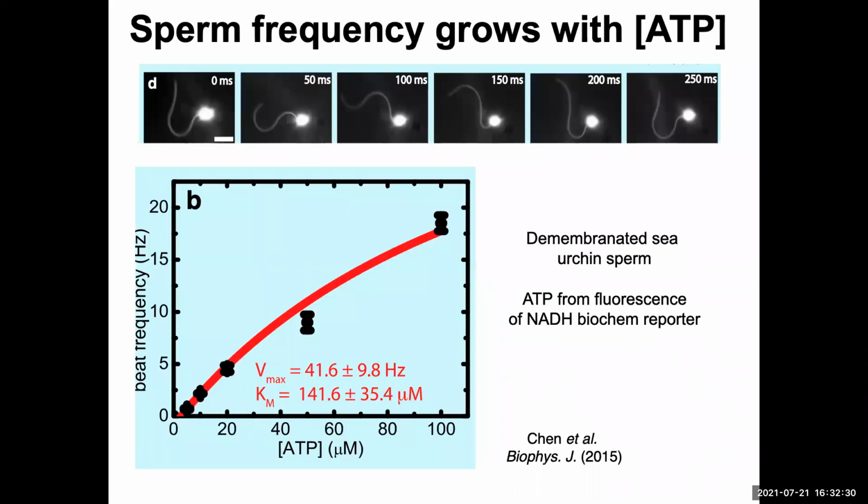For sperm, the beat frequency was recently shown to grow with the concentration of ATP. They had demembranated urchin sperm, and they could measure the ATP concentration from the fluorescence of an ADH biochemical reporter, and by doing that, they were able to plot the beat frequency as a function of concentration of ATP.